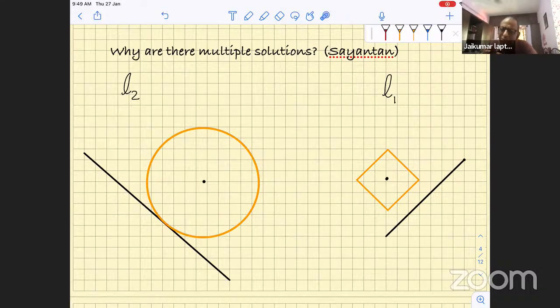And because it's a sphere, we know that when that happens, there will be a unique point. But when you do L1, the L1 ball looks like this. If this is the point, the set of all those points which are at the same distance, all these points, their Manhattan distance from this center is the same.